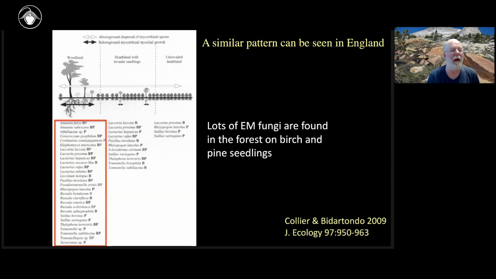And we could see this again in other settings. This is England, some work by Collier and Bidartando, where they're looking at invasion of heath by ectomycorrhizal trees. And so back in the forest, you can see there's a huge list of ectomycorrhizal fungi associated with these trees.